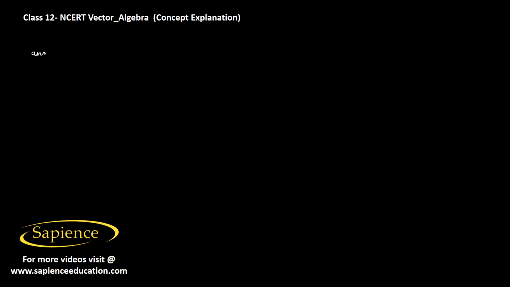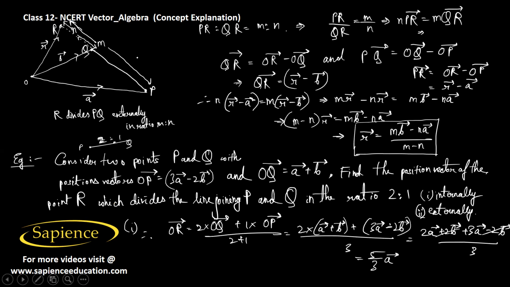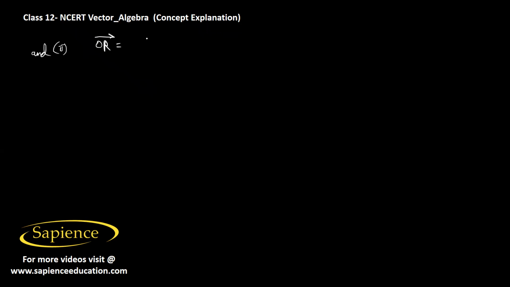And in the second case, we need to find the position vector of the point R if the point R divides PQ externally in the ratio 2:1. So then this would be equal to 2 into OQ vector minus 1 into OP vector divided by 2 minus 1.